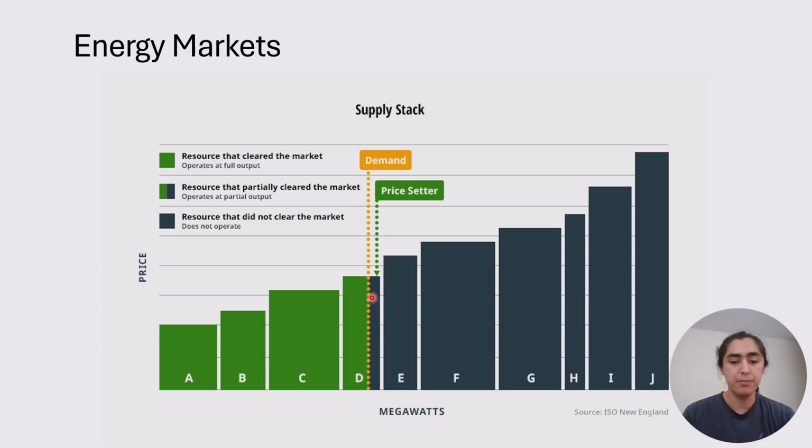And another way in which this works is that the highest priced supplier is the price setter. So all of these bids that cleared the market get paid at the price bid by the highest bidder in the clearing side. So, the lowest marginal cost suppliers will get the highest windfall profits from this event.